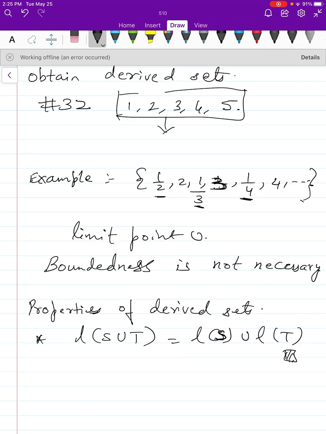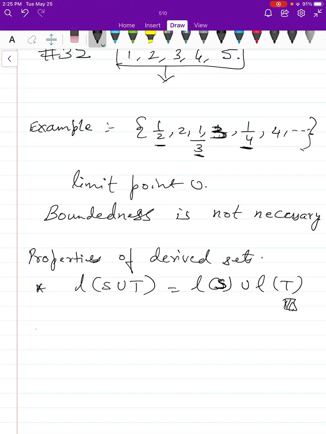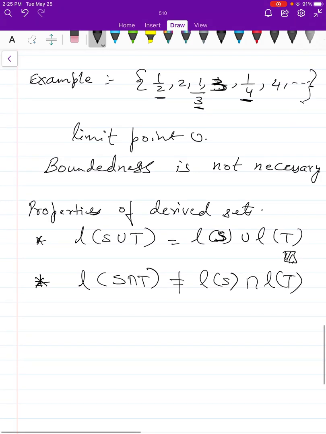Any topology book or any real analysis book will have a proof for this. But the same property does not hold for intersection. You can try it for open intervals.